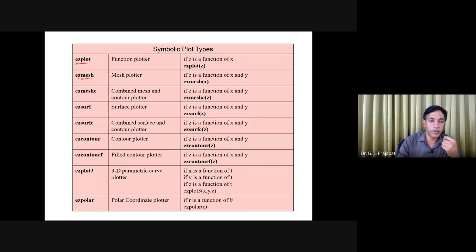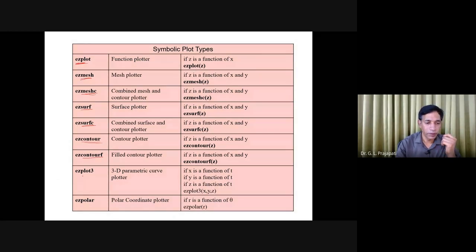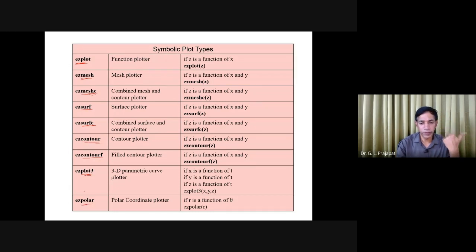If you want to plot a mesh, there is ezmesh. For mesh and contour, there is ezmeshc. Then there are ezsurf and ezsurfc for surf and contour, and ezcontour for contour plots. Instead of 2-dimensional, you can go to 3-dimensional plots, and then there is the polar graph. These are the various functions you can practice at home.